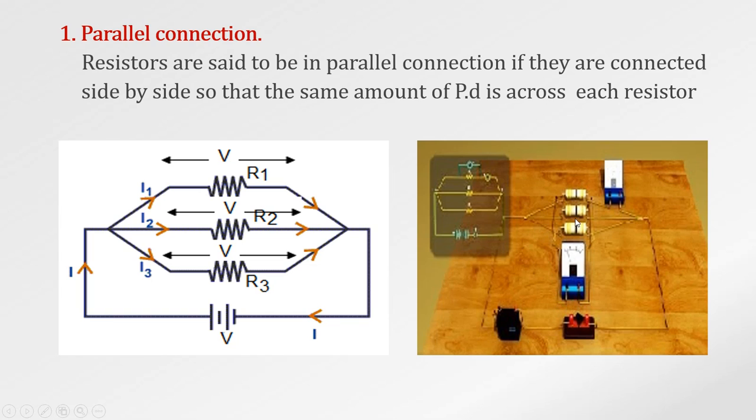When current moves from this side, it reaches here and then it splits. When current is split, it means those resistors are in parallel. From here, I is split into I1, I2 and I3, but the PD across each of these resistors is the same. That is the characteristic.